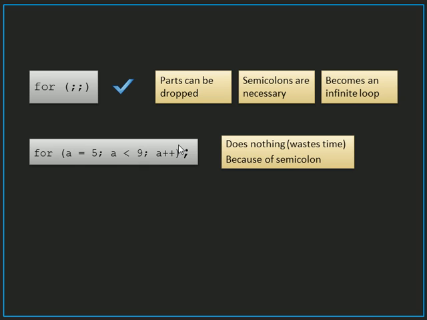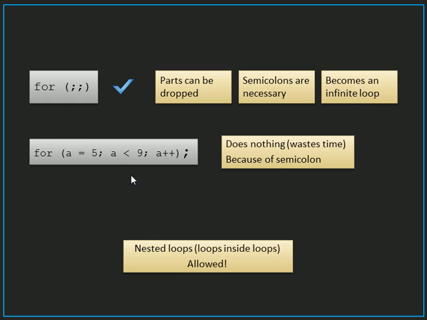As in the if, we have seen that the semicolon becomes the part of the if block. So this semicolon becomes the part of the for block, and a semicolon literally means nothing. So the semicolon is executed again and again and nothing happens. It just wastes its time.